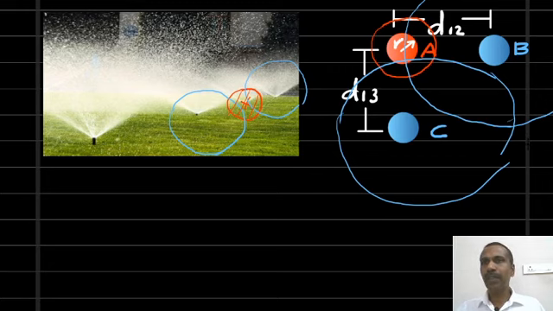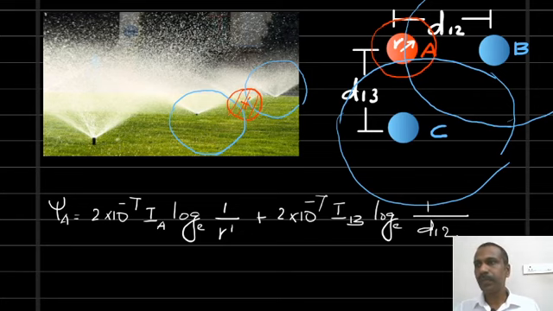Log e can also be represented as natural logarithm ln, both are the same. 1 by r dash, plus the flux linkage due to the second conductor, 2 into 10 raised to minus 7, current is IB, log 1 by the distance D12, plus the flux linkage from the third conductor, 2 into 10 raised to minus 7, the current is IC, log 1 by the distance D13. This is the total flux linkage on the conductor A.